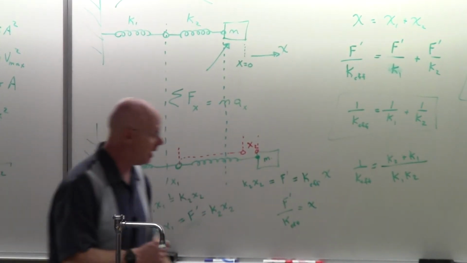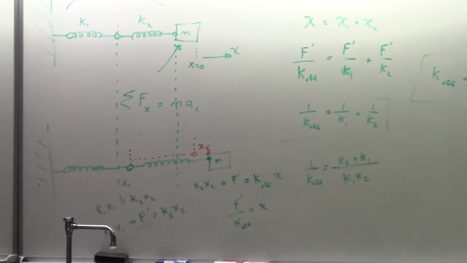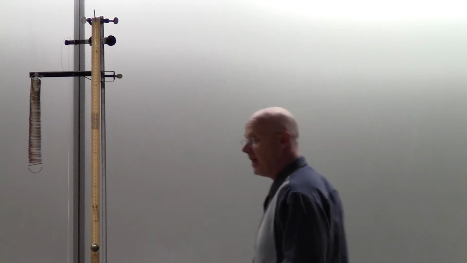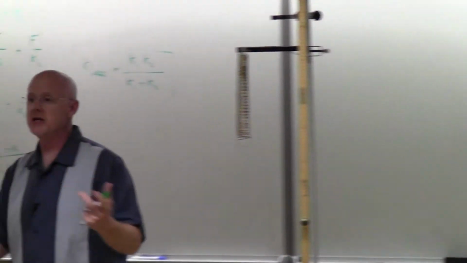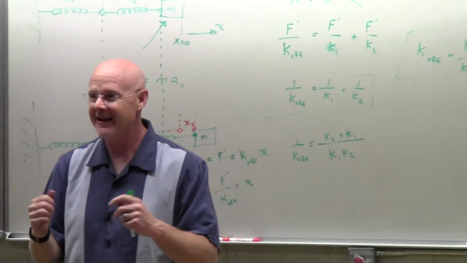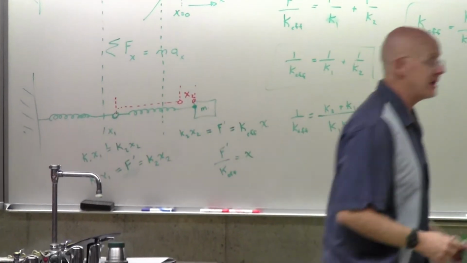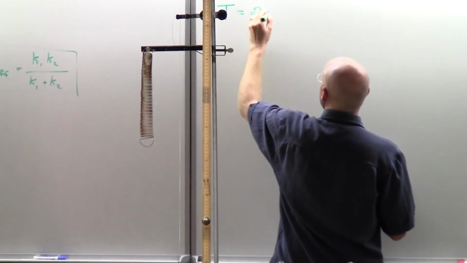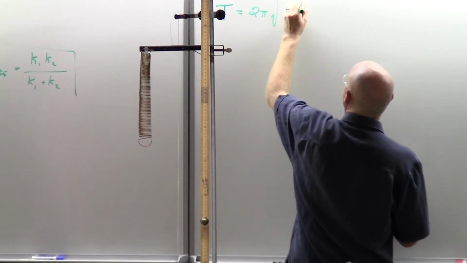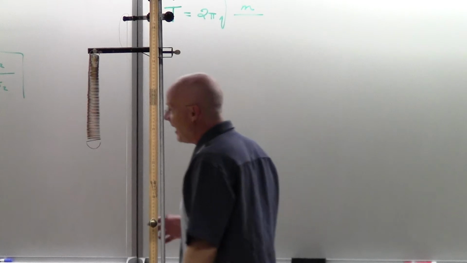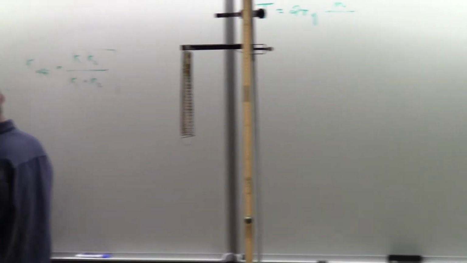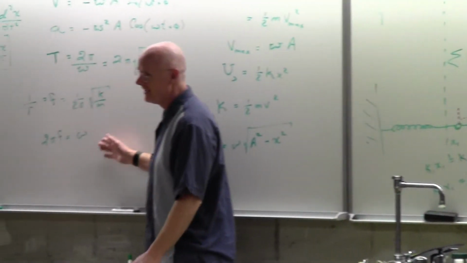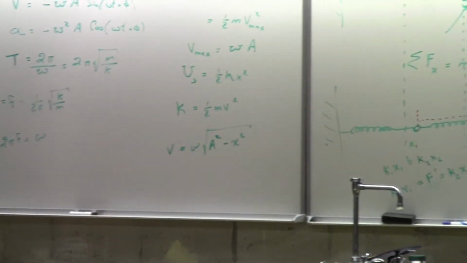So now that I did all that, if I were to ask you, what is the equation of motion? What is the velocity? What is the acceleration? What is the period? What is the frequency? Could you write it down? I'll write the period as one example. What would the period be? I would replace all these equations here with the effective spring constant.